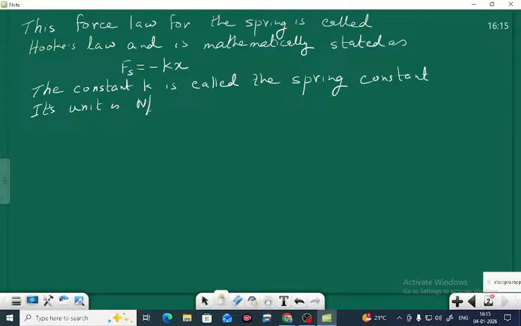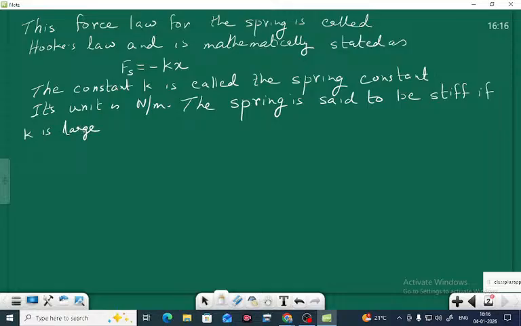The spring is said to be stiff if k is large, and soft if k is small.